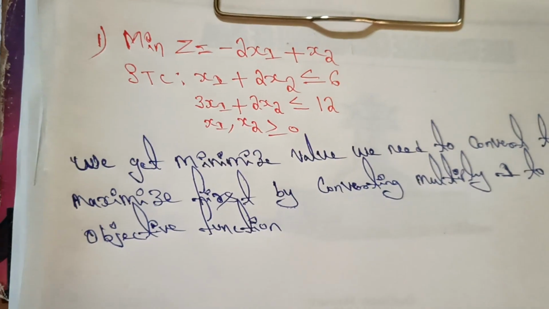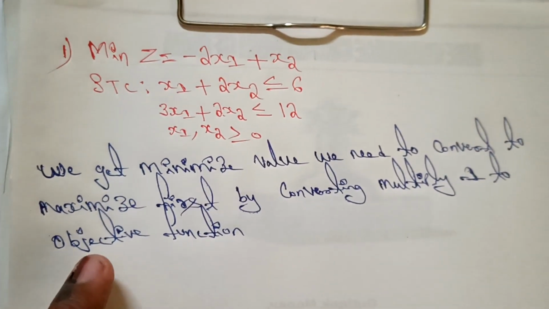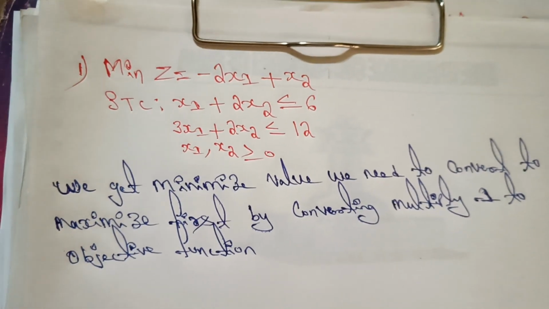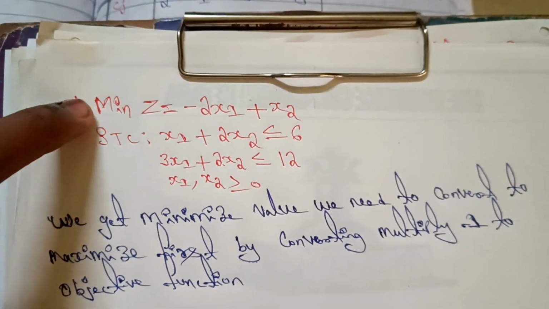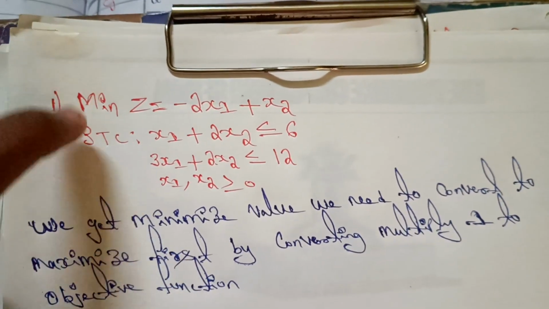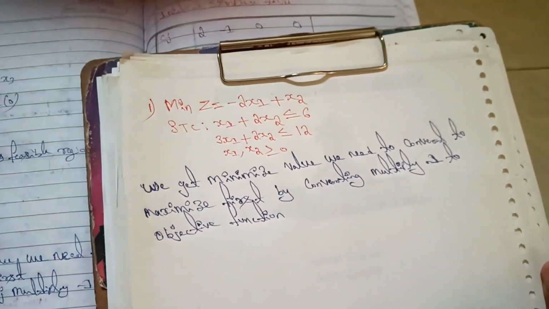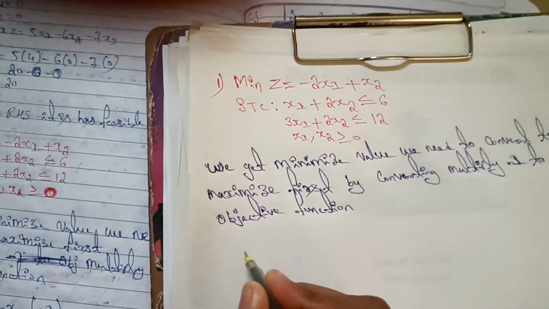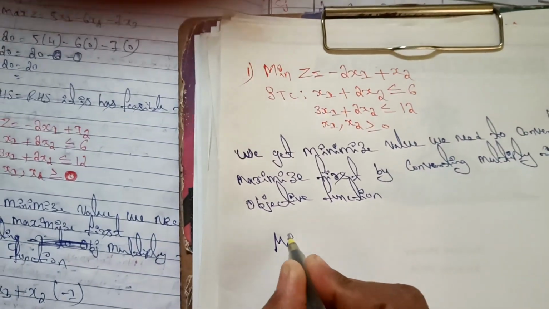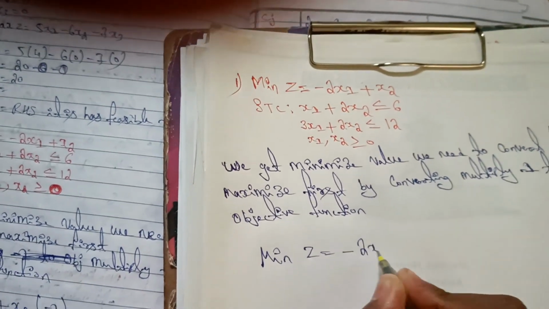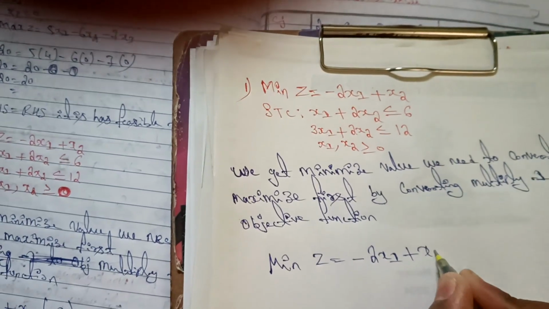When we get a minimize value, we need to convert it to maximize first by multiplying the objective function by minus 1. How? See, the minimum z value is minus 2x1 plus x2.